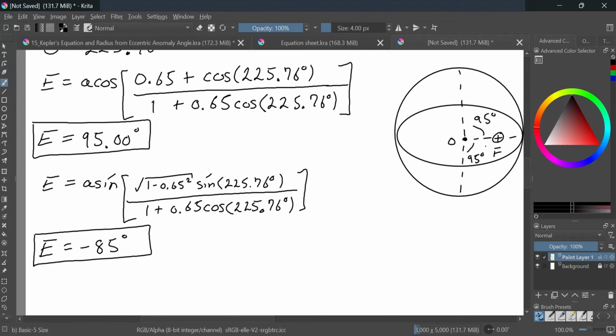And indeed, this is the number that I had selected moving into this example to begin with, where we actually have an eccentric anomaly value of 265 degrees.